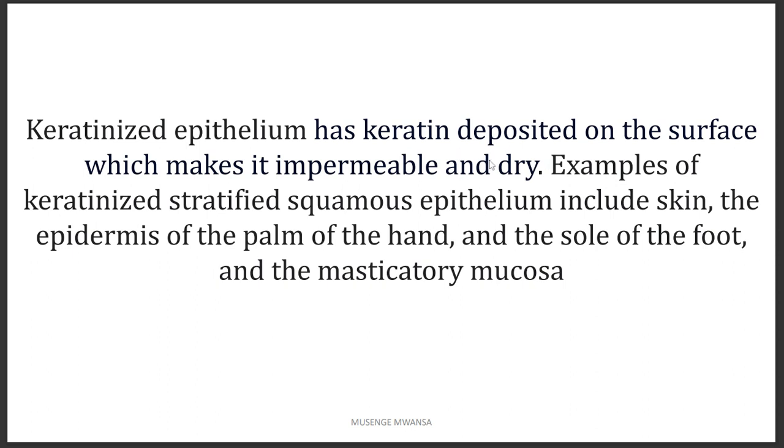So for example, the kind of epithelium that is on our skin is called keratinized, stratified, squamous epithelium. It is stratified because it is more than one layer. Imagine it was just one layer, meaning that with the slightest mistake, you would reach the cells inside the body and destroy them, because the epithelium is there for protection, such that when you burn yourself, or hit yourself on the surface, it will quickly shed off and then another one is formed.